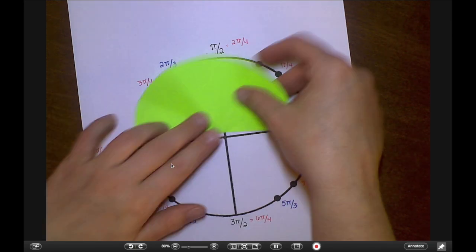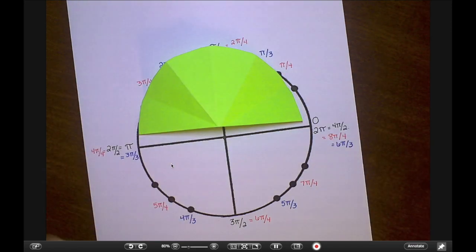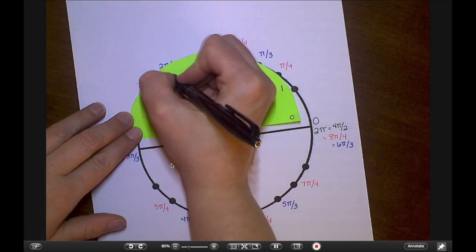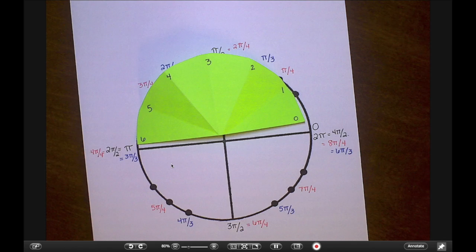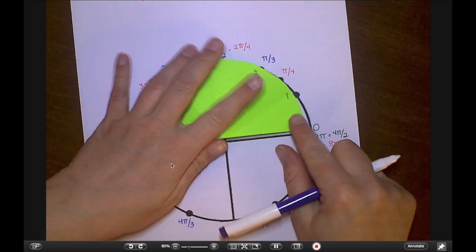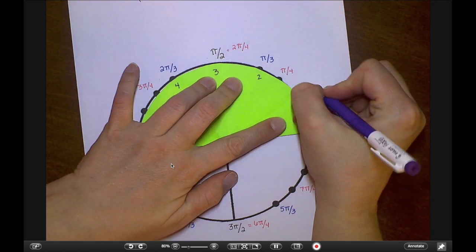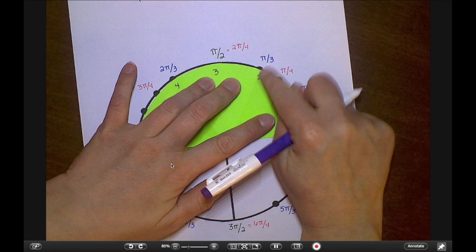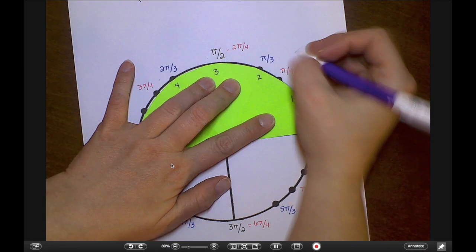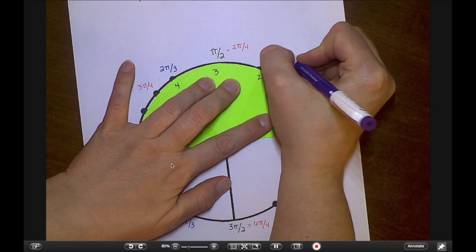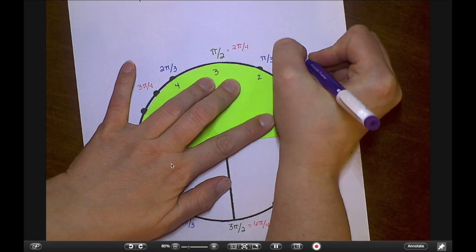Let me number our slices like we've done before. So as I'm traveling around the circle on that one, this would be 1 pi over 6. The 2, notice that falls at pi over 3. That's because this is the same thing as 2 pi over 6.